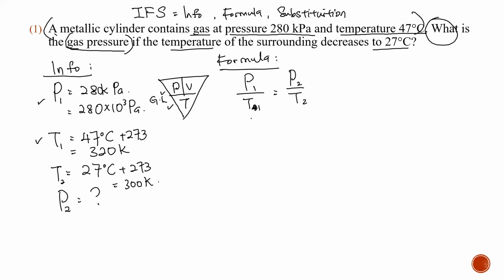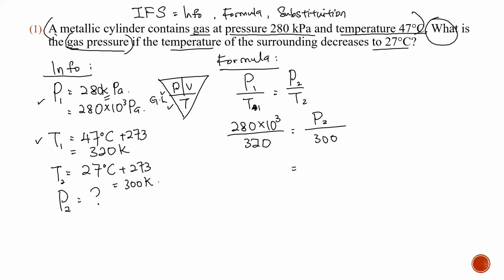Now everything is there. Let's substitute. So 280 times 10 to the power of 3, because kilo, divided by 320 equals P2 as unknown over T2, which is 300 Kelvin. I encourage you not to write the unit so that you will not confuse it with the unknown.